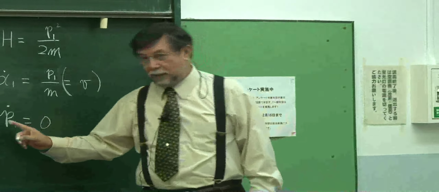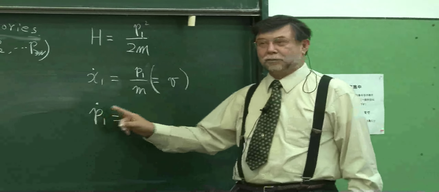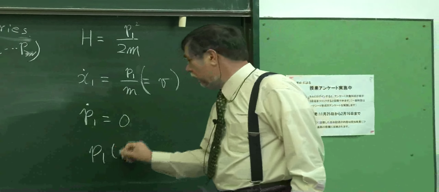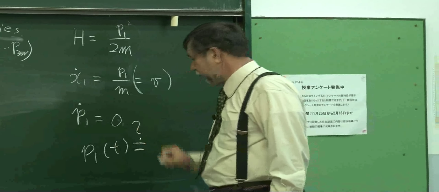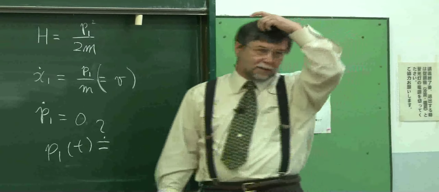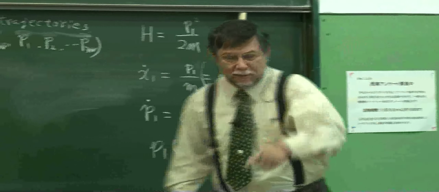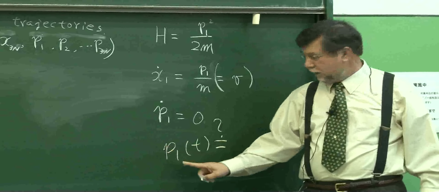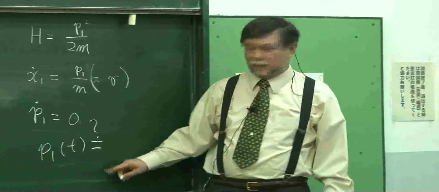Okay. If P1 derivative is 0, what is this? Okay, now this line. If this is 0, then what is the answer?